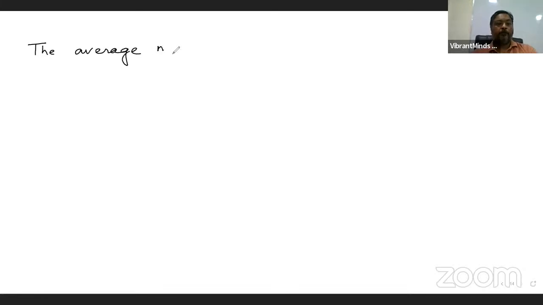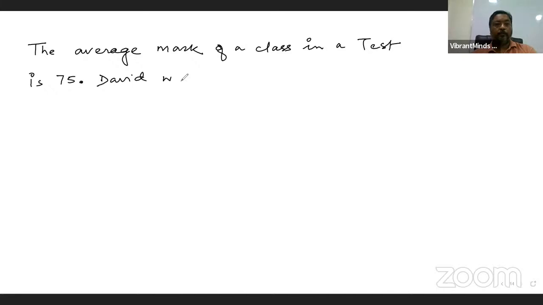The average mark of a class in a test is 75. David was the topper with 96 marks.